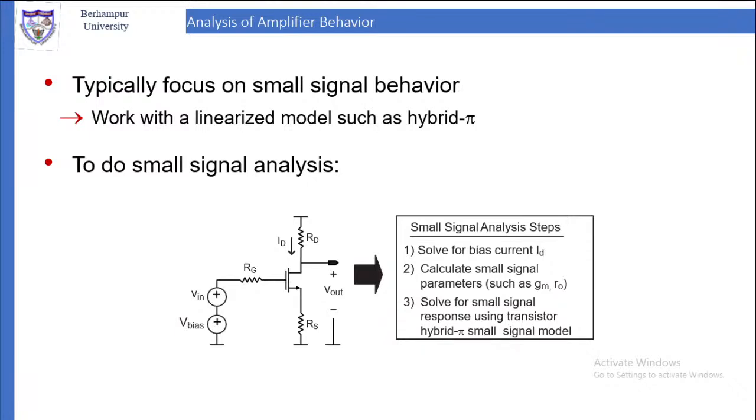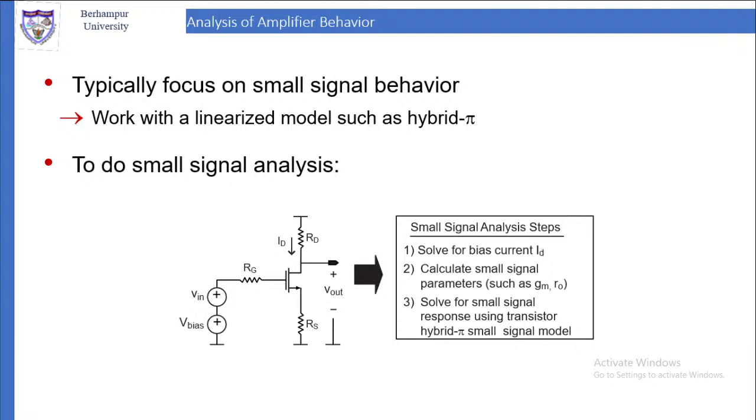Now to do the small signal analysis, look at this figure. The figure shows you a MOS transistor. The drain is connected with RD, the resistor connected to the drain to control the current coming to the drain. Similarly, RS is the resistor connected to the source to control the current going out of the source.